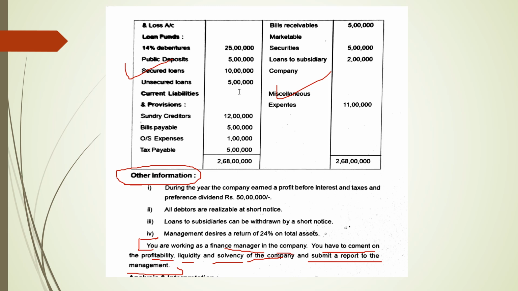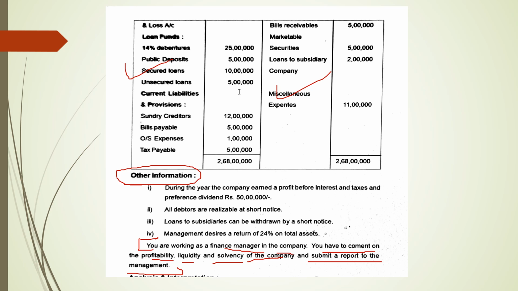You have to mention these points in the solution, and it is not necessary to write proper set steps. It is up to you how you are going to present it, and how you are going to explain it beautifully. Marks depend on that. So let's come to the question again. It talks about profitability, liquidity and solvency.